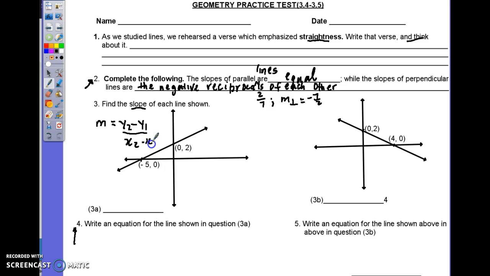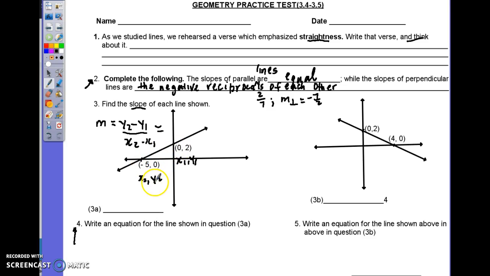What I'd like you to do is, when you look at these lines, just say, oh, you know what, it's going to be a positive slope, and just look for an answer which is going to be positive. It's important to identify your 2's and your 1's. Some of you can do it mentally, but here it is on paper.